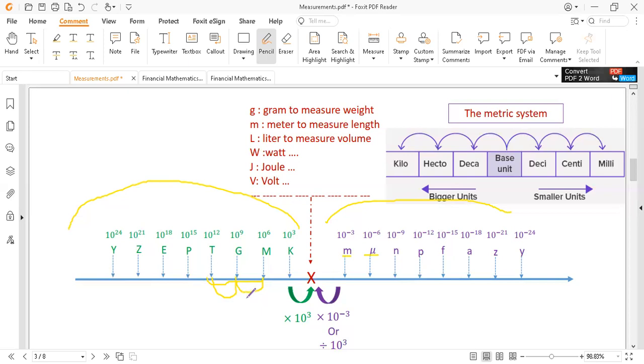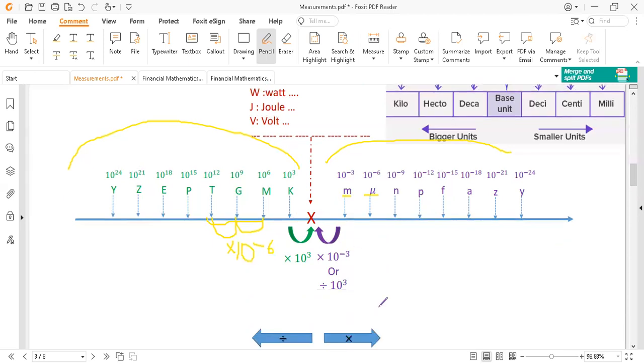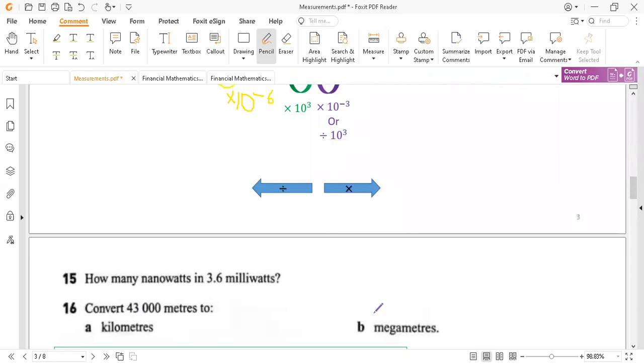In this case, for each step we have 10 power minus 3, so we multiply by 10 power minus 6. And moving from a larger unit to the smaller one, to the next one, we multiply by 10 power 3. So moving to the right, we multiply by 10 power 3 for each step, for each increment.